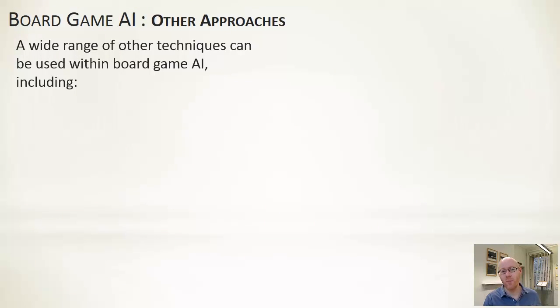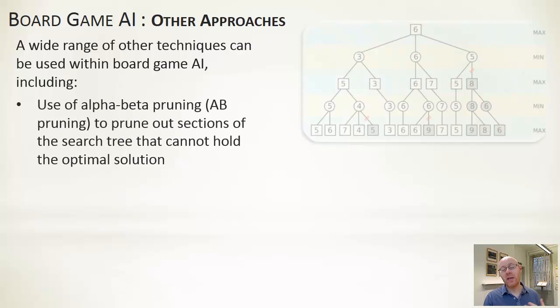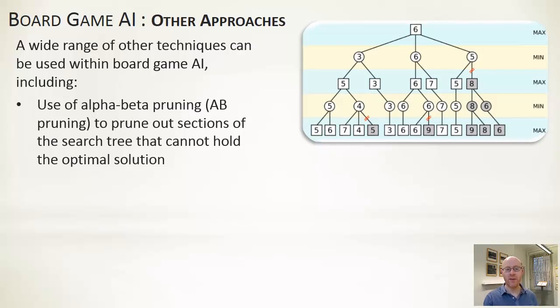There's a common algorithm known as alpha beta pruning, which will quite quickly prune out areas of the tree that couldn't possibly hold the optimal solution. So if you get a really bad move, there are ways of saying, well, it can't possibly be better than this move, so you can discard that portion of the tree. That's a way of more efficiently pruning the tree.